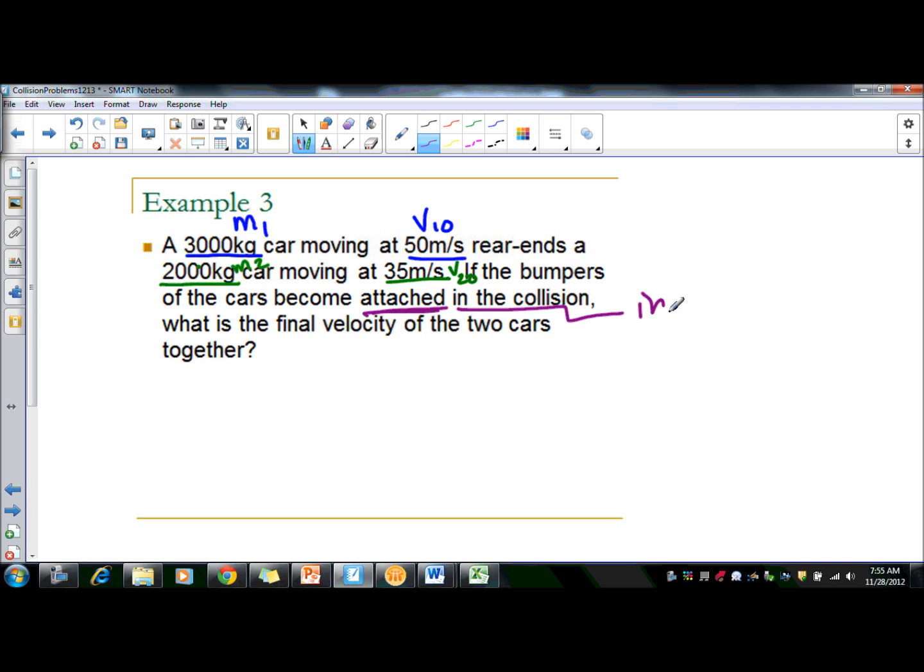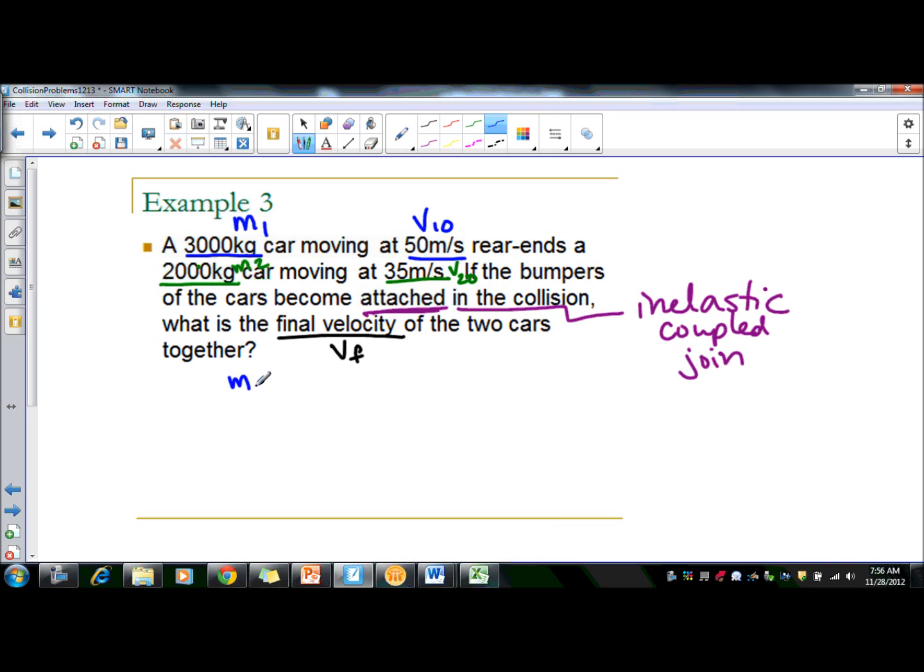This implies inelastic. So for elastic, it was pulls apart or separates or something like that, where you know that they hit and pull back apart. The word attached, coupled, another one, so coupled, join, something like that, where it's implying that the two objects are becoming attached, are together after the collision. We want to know what is the final velocity of the two cars together. So there's only one final velocity now because the two objects are together.